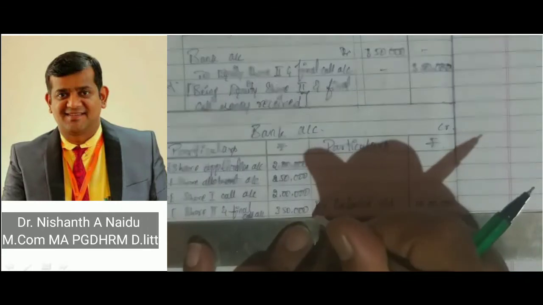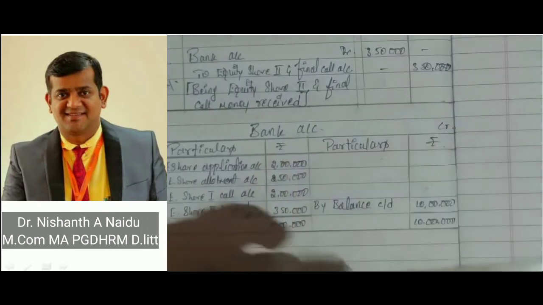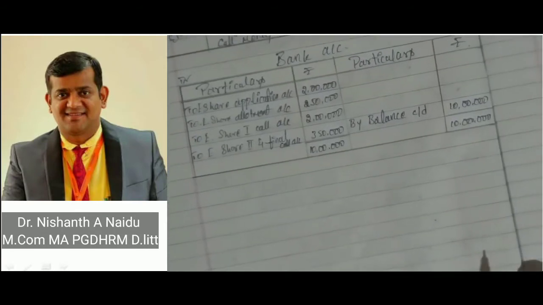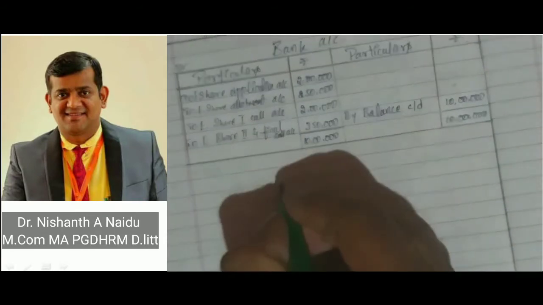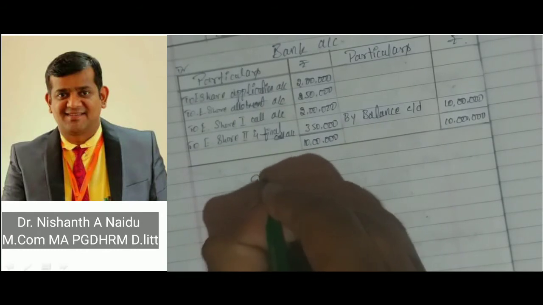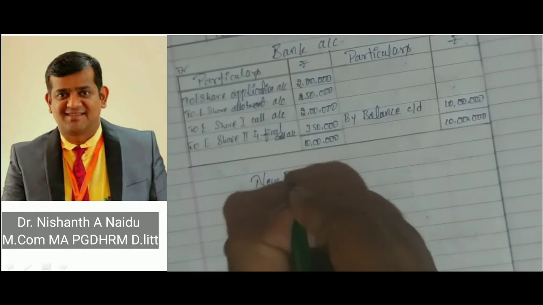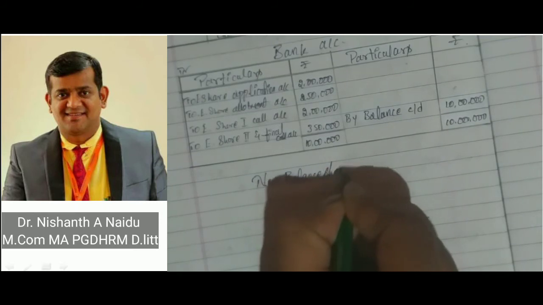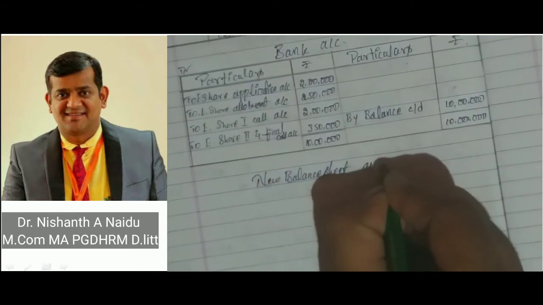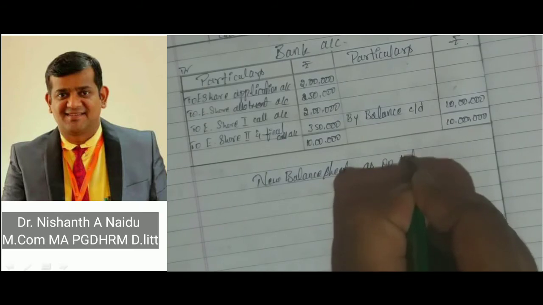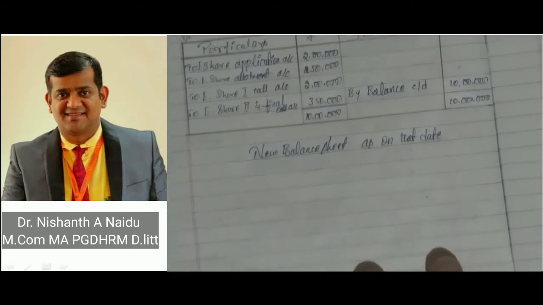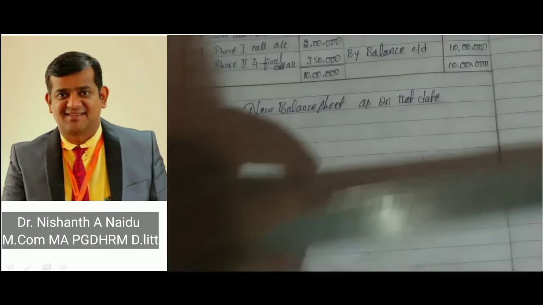Are you clear how to prepare a bank account now? You have an idea, right? Yes, very good. So now let us prepare the new balance sheet as on that date. So let us open the table for the new balance sheet.